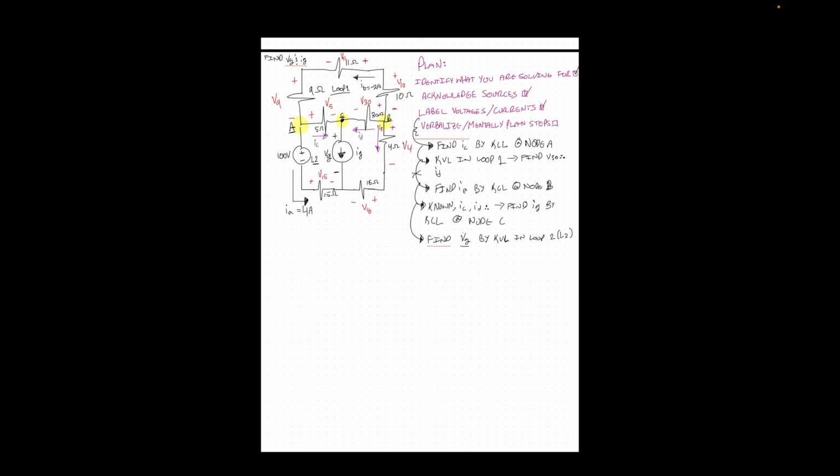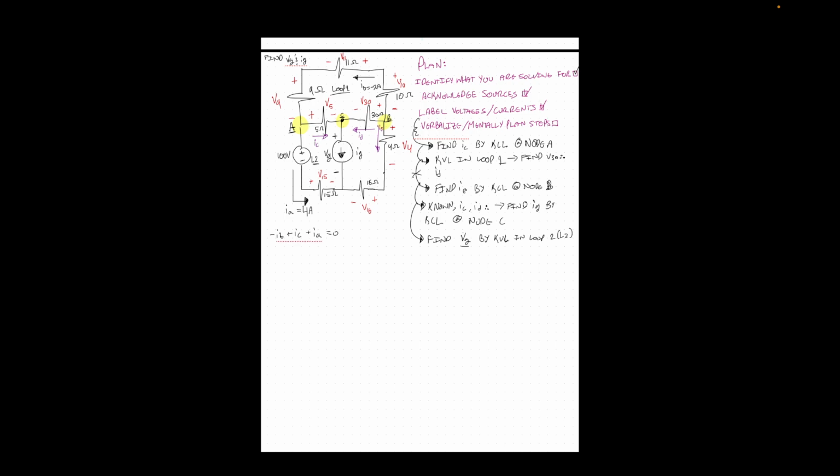All right. So let's go ahead and implement these steps now. Like I said, we're going to go ahead and find IC by KCL at node A. So to find IC at node A, I'm going to write that I have a minus IB, plus IC, and plus IA equals 0.